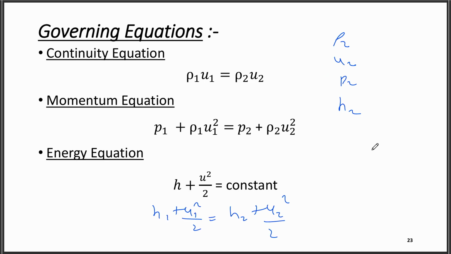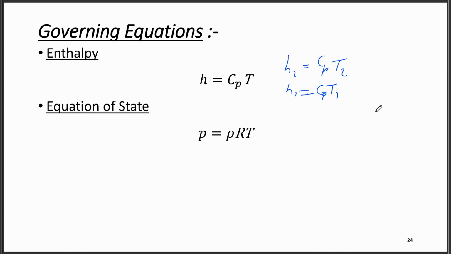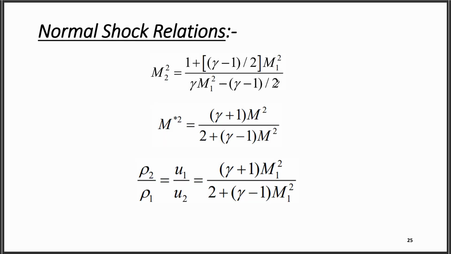Now what is the additional unknown? T2. But the equations are still fewer, so we use one more equation, the equation of state, P equals ρRT. Now we have 5 equations and 5 unknowns. If we solve all these equations, we will get the normal shock relations.